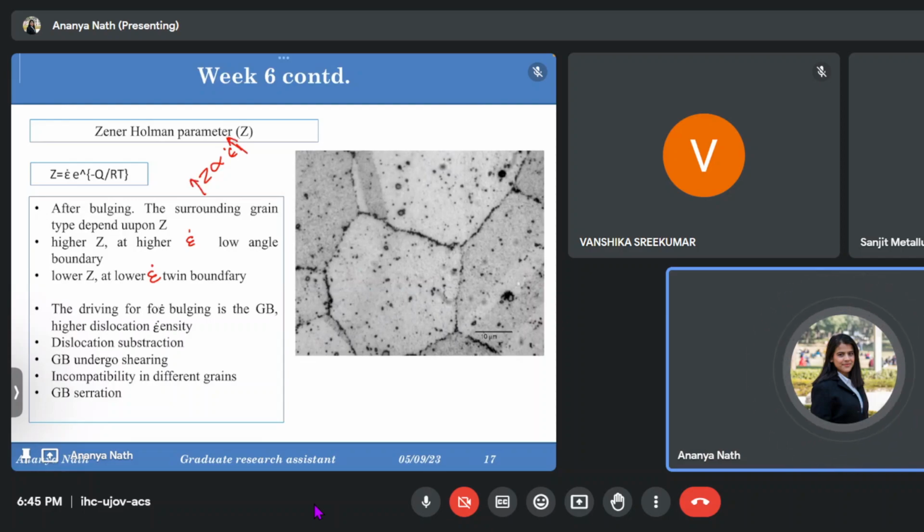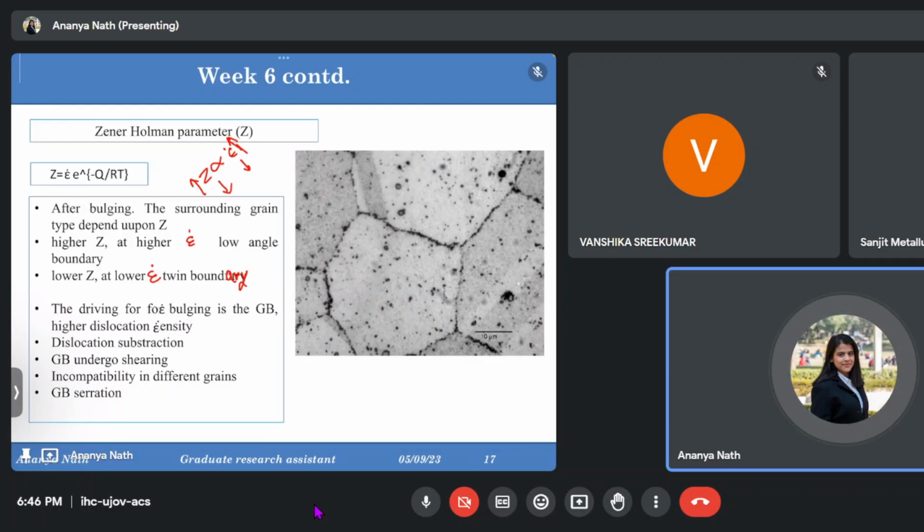In that case, low angle boundary dislocation formation will take place. But for lower Z, the rate will be lower. So in that case, twin boundaries will be formed. So this is one thing.